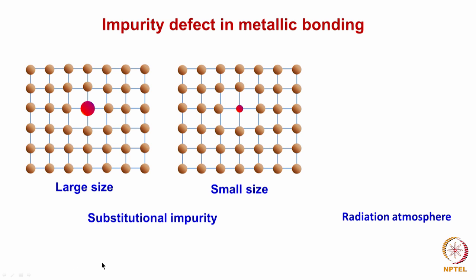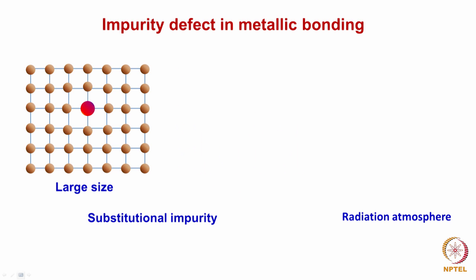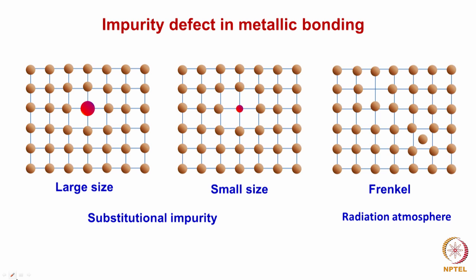So a vacancy is created. This knocked out atom comes and occupies some position. It can only occupy an interstitial position. These types of defects are called Frenkel defects, where an interstitial as well as a vacancy type of defect are present simultaneously.